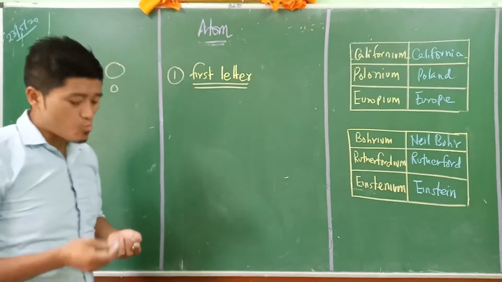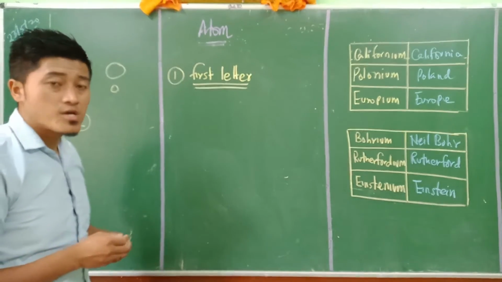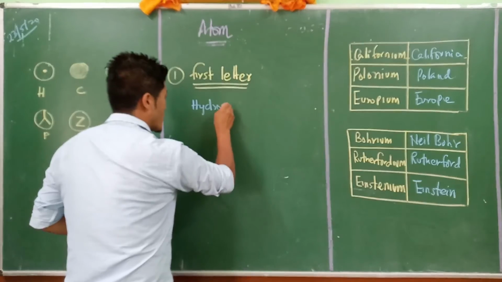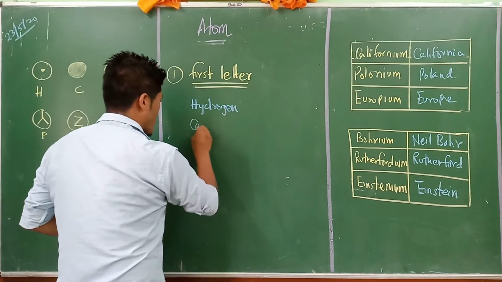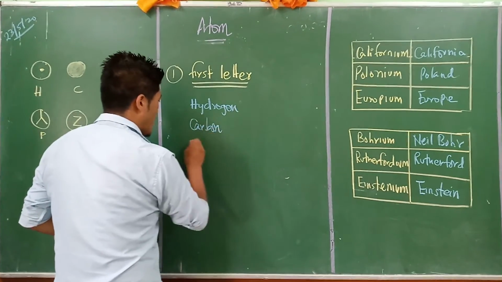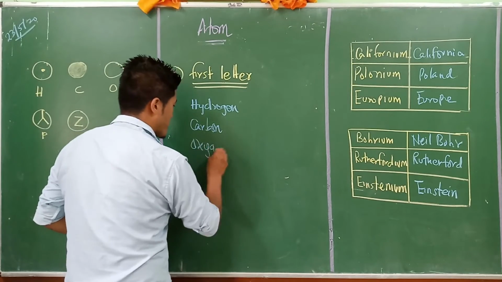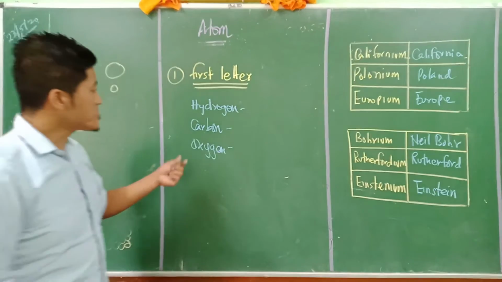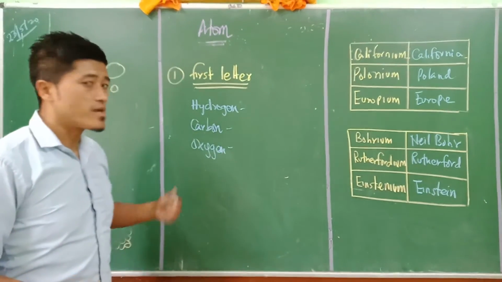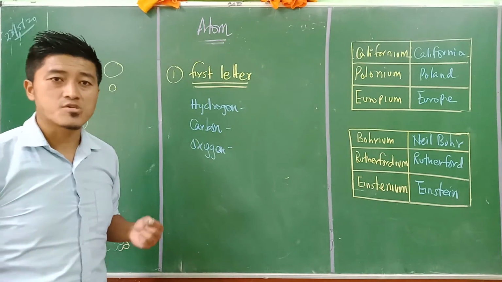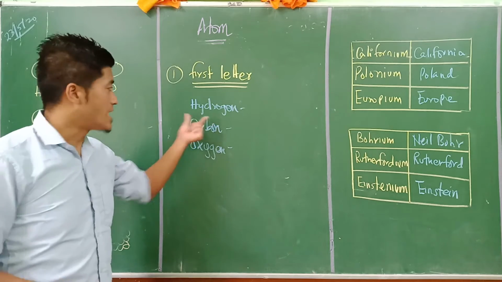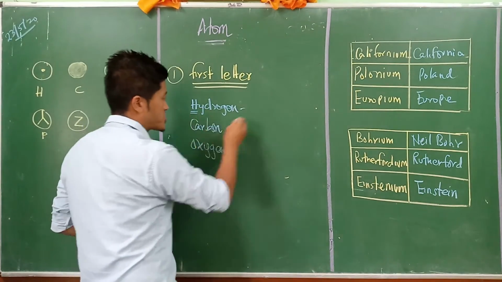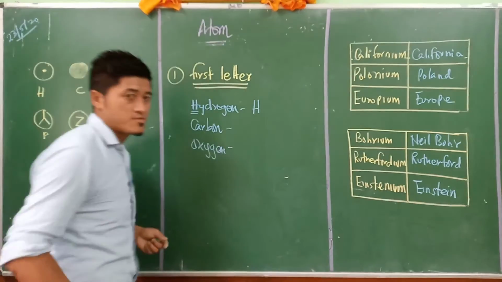For example, hydrogen, carbon, and third, oxygen. To write the symbol, they use the first letter of the word. In the case of hydrogen, the first letter is H. That is why we use H.